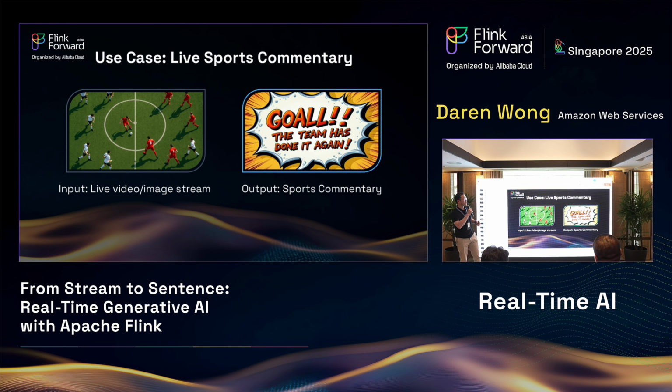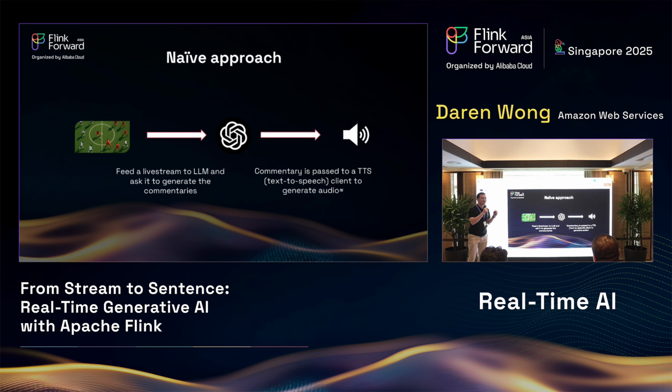So with a naive approach, LLMs are actually getting better these days. And do you know that there's actually LLM models out there that can take a live stream of videos as input. So we can use the LLM model to just take the live stream of video as input and then just give it an instruction to generate the commentaries for us.